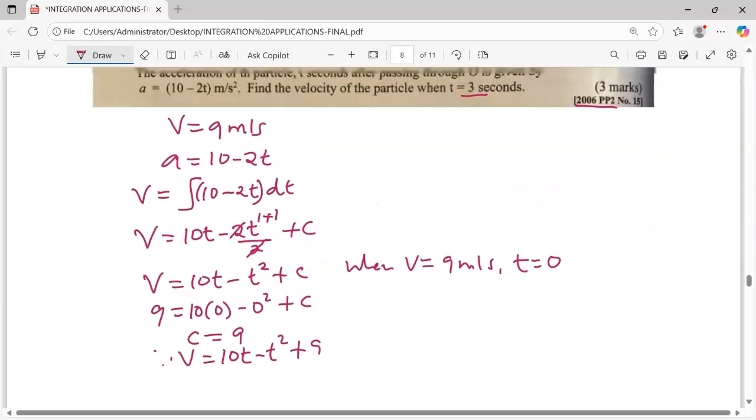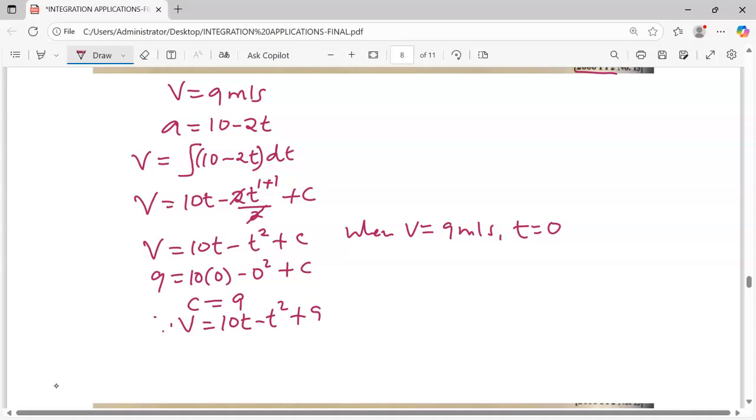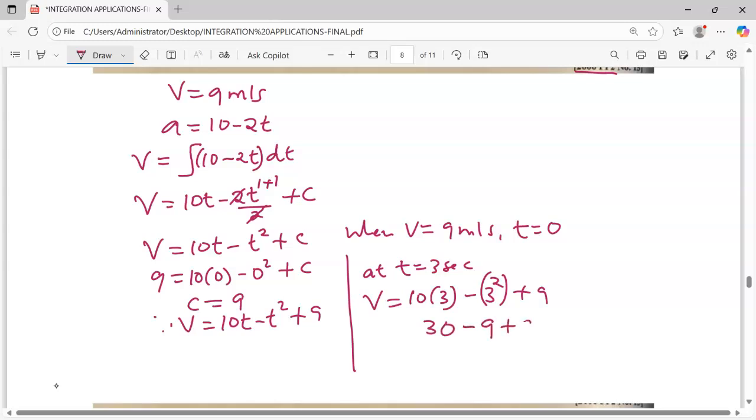At this point, we can get the value of v. At t equals 3 seconds, velocity is equal to 10 into 3, minus 3 squared, plus 9, and this gives us 30 minus 9 plus 9.